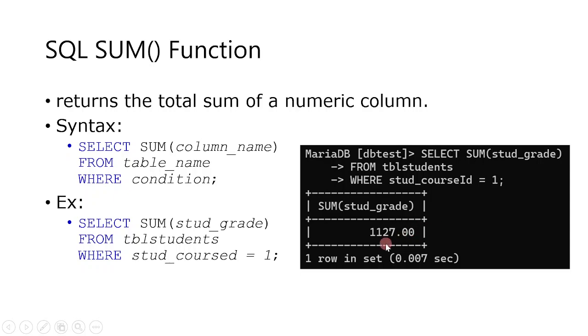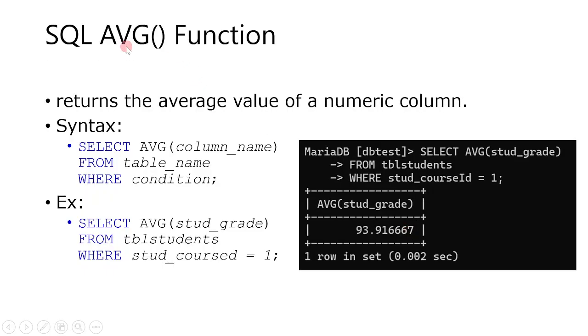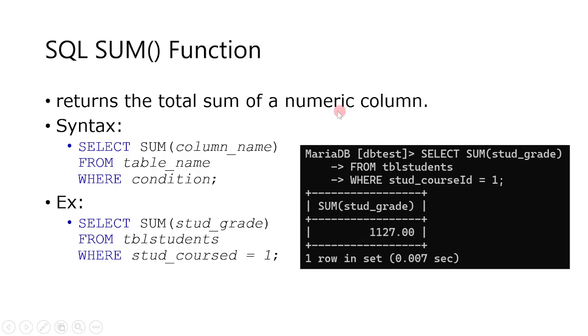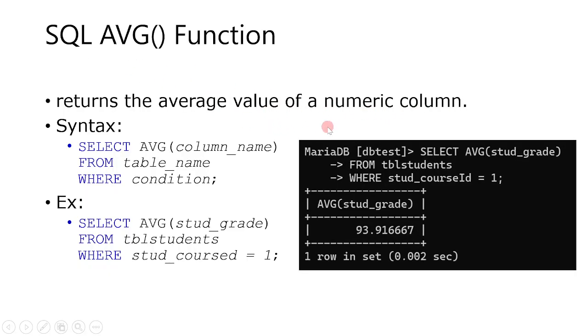But anyway, we are going to have the average function. The average function returns the average value of a numeric column. So take note, it is only applicable for a numeric column, just like with our sum function. So same syntax. So here, for example, I want to get the average of the grades of all BSIT students.